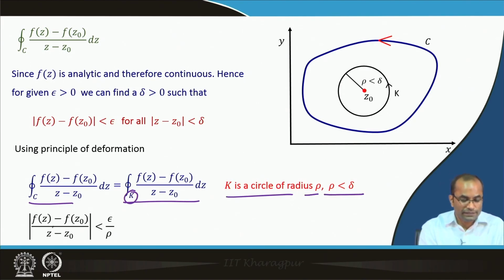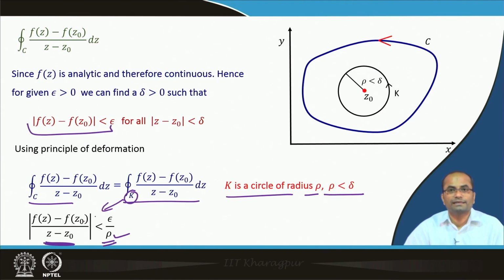Now we will make use of this inequality for (f(z) minus f(z0)) over (z minus z0). On this circle k, the modulus of z minus z0 is rho, so z minus z0 is replaced by rho. From the continuity of f(z) we already have the relation that |f(z) minus f(z0)| is less than epsilon.